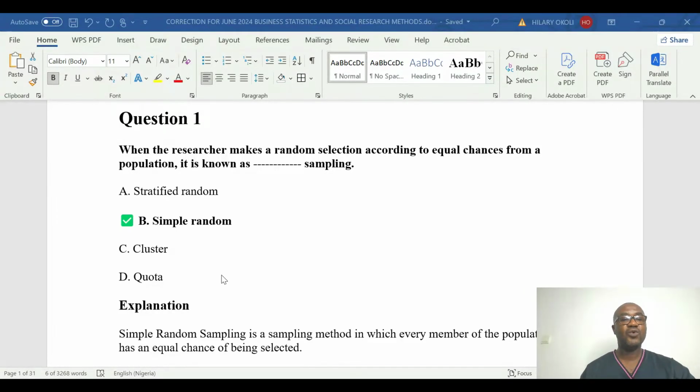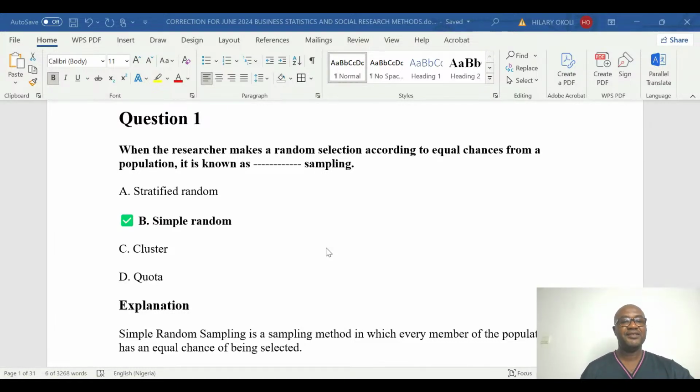Stratified, cluster, quota? No, it is simple random sampling. Recall we discussed it in our lecture. Like I said before, it's good we play back our audio. It will reinforce our reading and also this revision.